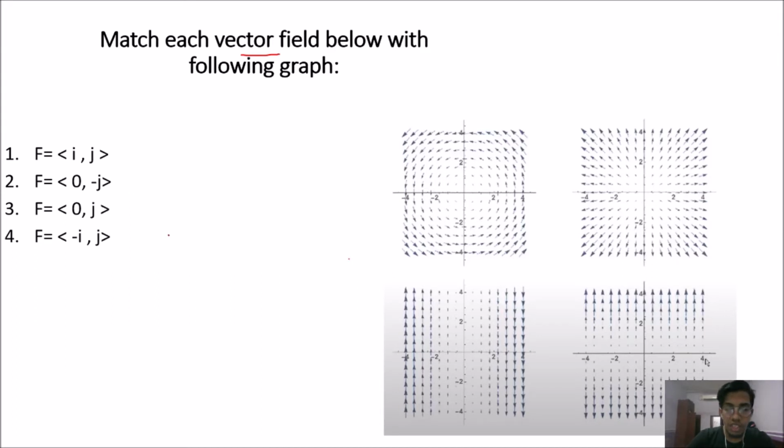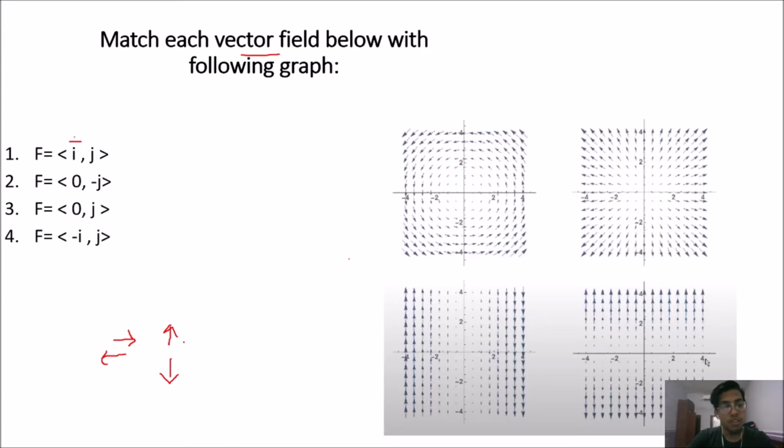First thing we need to know is where the horizontal is and where the vertical is. For x, or we can say i, the movement is either horizontal, to the right or left. And for j, that is y, it moves either up or down. It's one of these four directions.